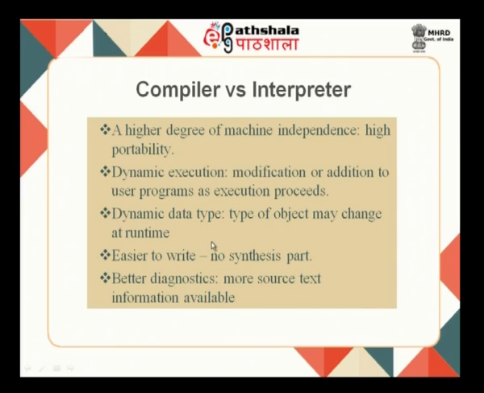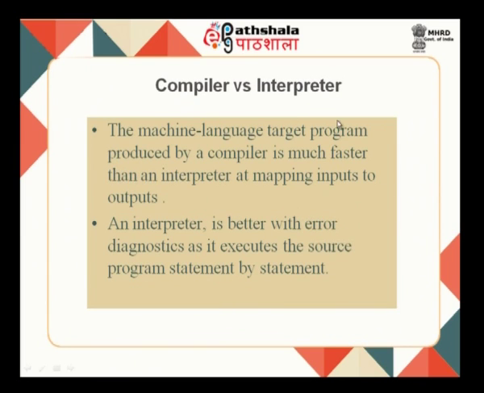There is no synthesis part required, and more source text information is available with the compiler. The machine language target program produced by a compiler is much faster than an interpreter at mapping inputs to outputs. This is one of the fundamental advantages of having a compiler. An interpreter, on the other hand, is better with error diagnostics, as it executes the source program statement by statement.